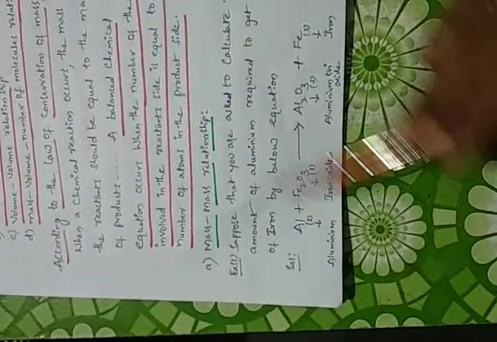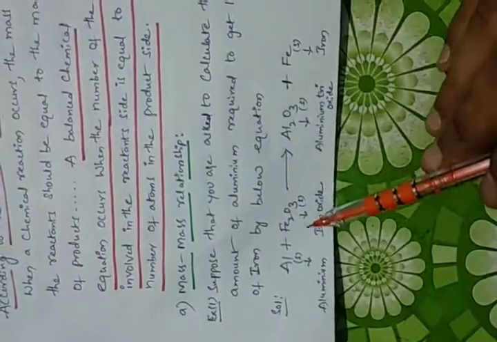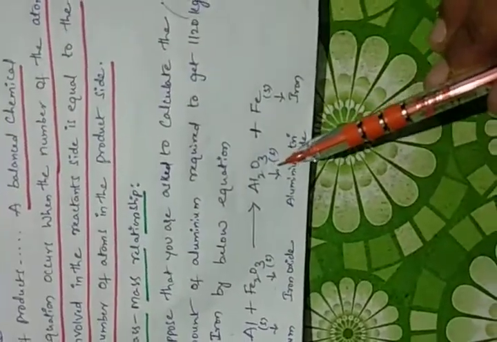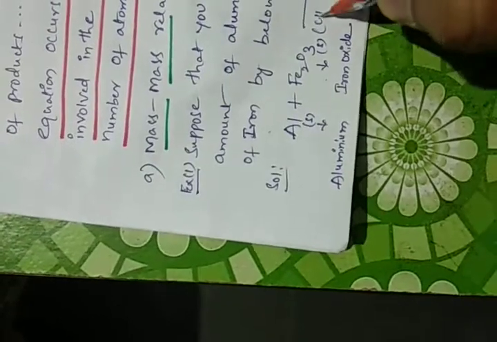Iron: left hand side 2 and product side 1. Oxygen 3.